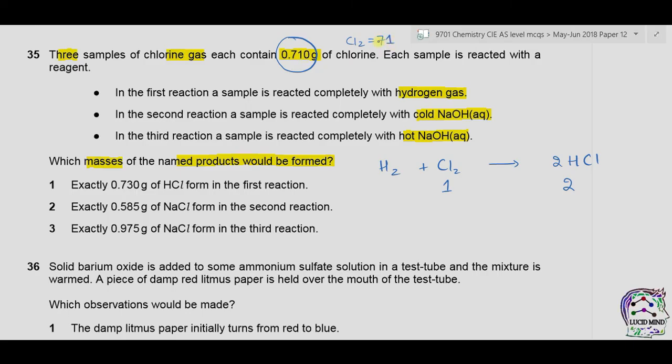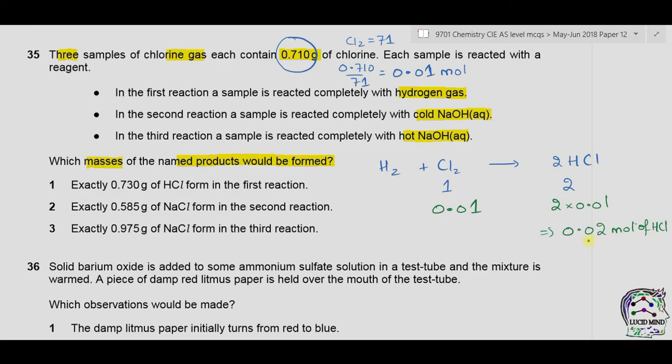So dividing mass by molecular mass, the number of moles of chlorine comes to 0.01 moles. Now if 1 mole of chlorine forms 2 moles of product, then 0.01 mole of chlorine will form double the amount of product. So it will be 0.02 moles of HCl.